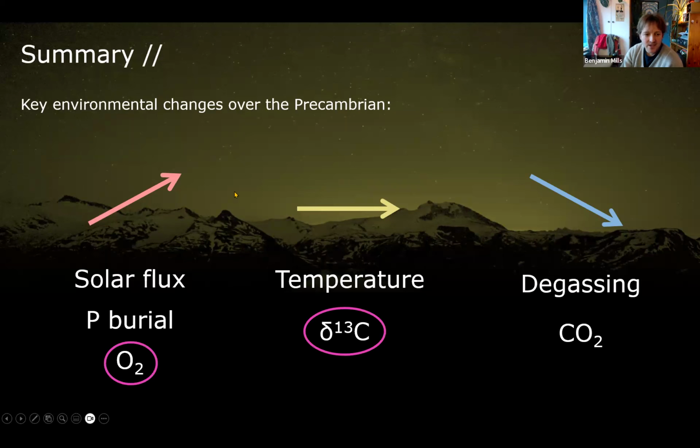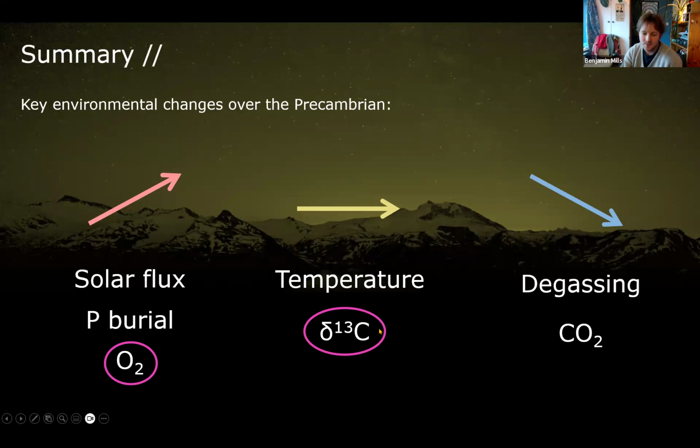Now, within these ups and downs are some well-known paradoxes. So this paradox here of the delta 13C versus the oxygen. Delta 13C records the amount of carbon 13 versus the amount of carbon 12 that is being buried in sediments over time.